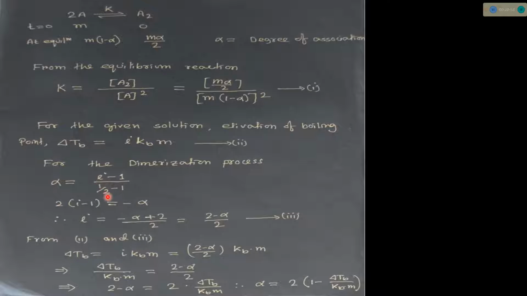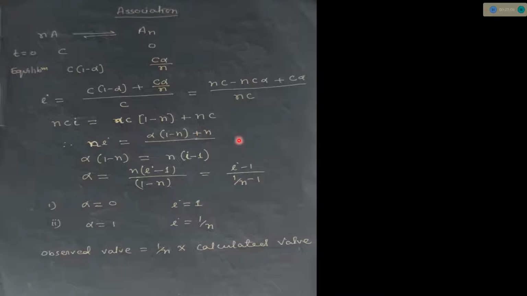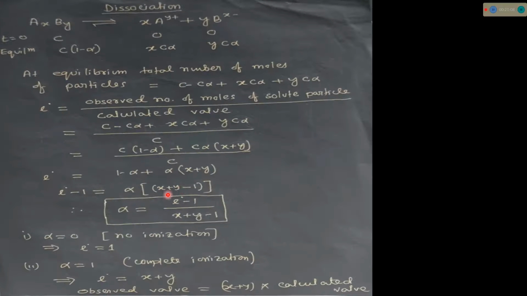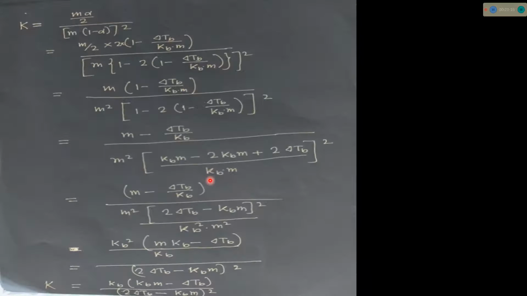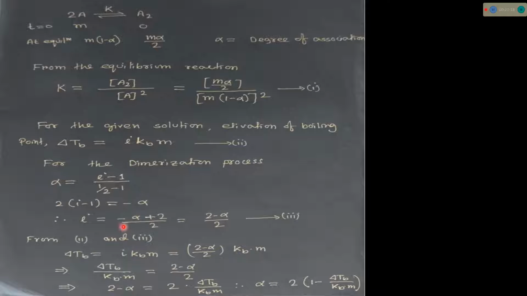So we put 2 here, since it is a dimerization process, and since it is an association process, we are considering these equations, not the dissociation process. So we put n equal to 2 for dimerization. If we put 2, then from this expression we find i equal to (2 minus alpha) by 2. So this is the value of i.